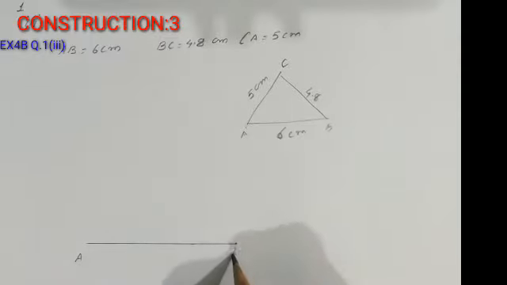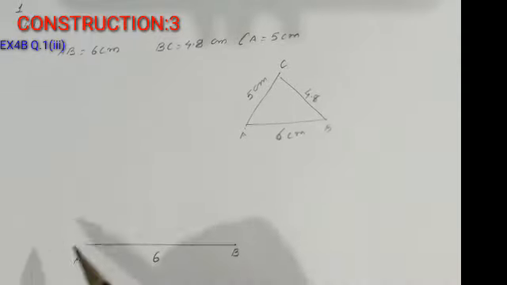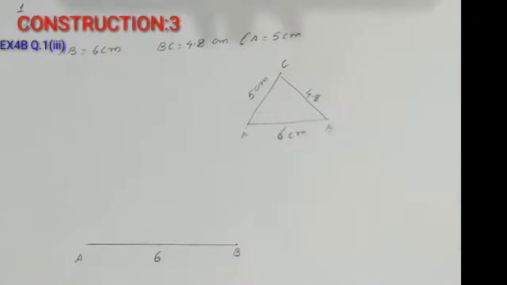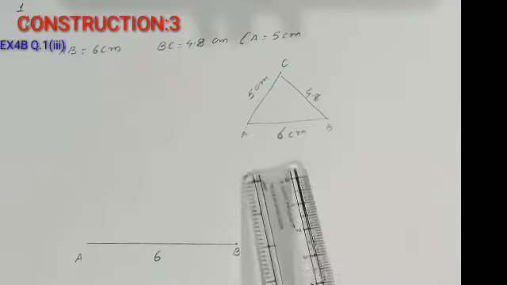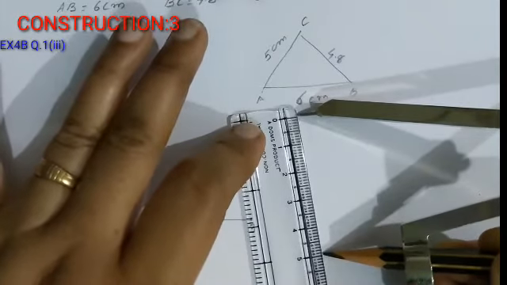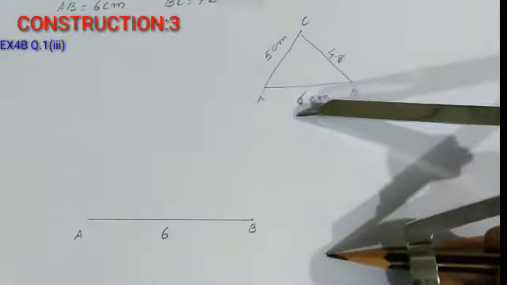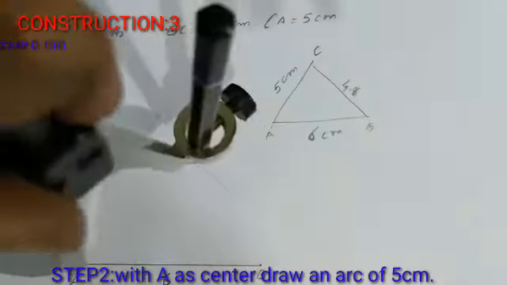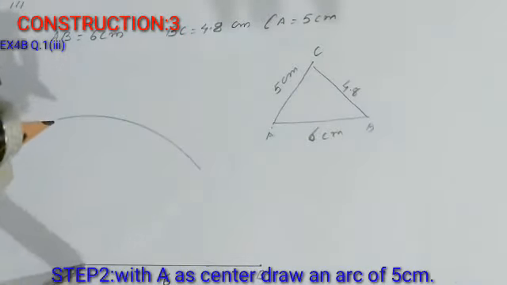A, B, 6 centimeter. Step 2, AC equals 5 centimeter. So adjust the radius to 5 centimeter. Take the arc length of 5 centimeter and let's move to step 2. With A as center, draw an arc of 5 centimeter.